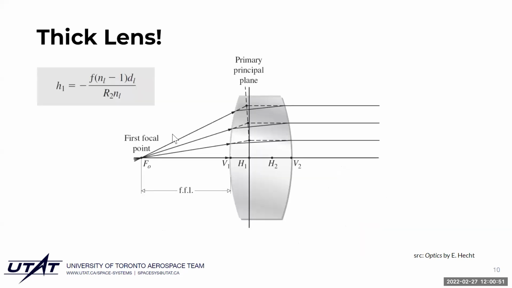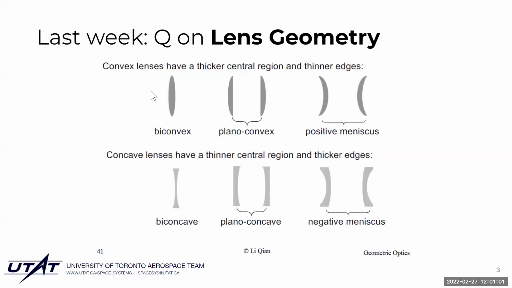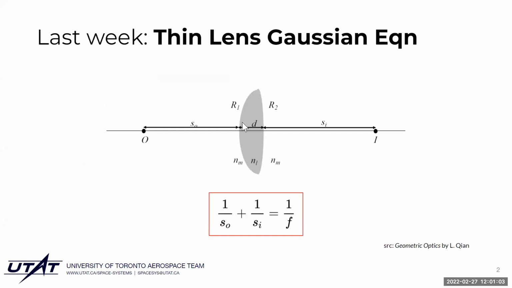Thick lens. Okay, so we talked about the thin lens, but what we're assuming here is that the thickness is negligible. So effectively, D is approximately 0, or we can treat it as such.